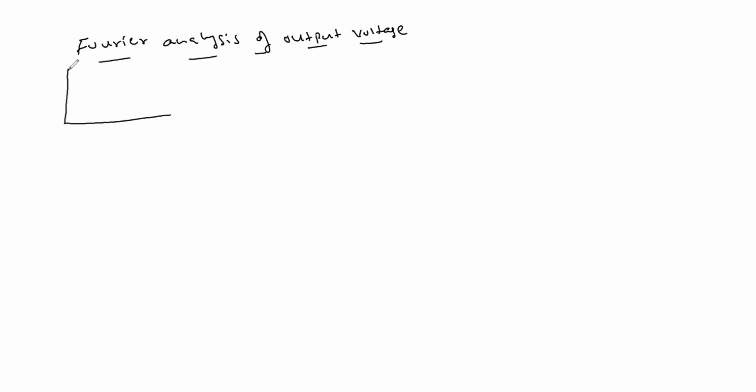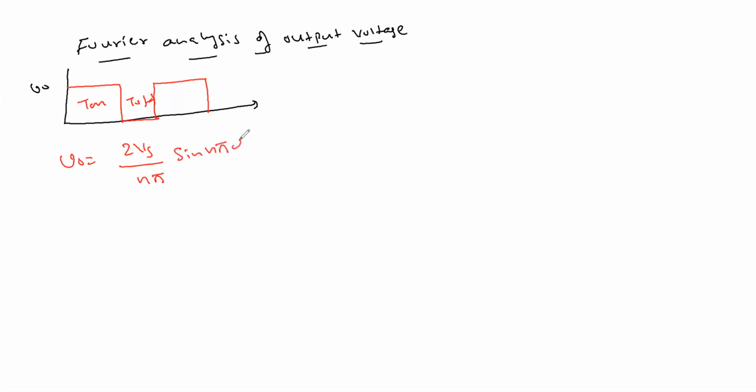This is V0 during on period and off period, turn on, turn off. If you do the Fourier series for this, V0 definitely has harmonics. It's a non-sinusoidal waveform, so it has harmonics. This is 2Vs by n pi, sine n pi alpha.